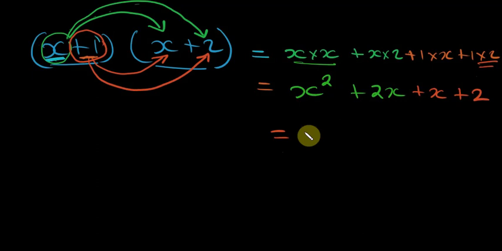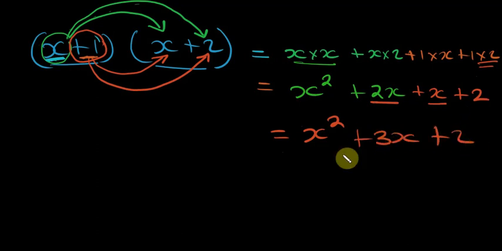Alright, so what do we have? We have x squared, 2x and x, these are like terms. 2x plus x, that is the same thing as 3x, plus 2. Alright, we have the final answer as a quadratic expression.